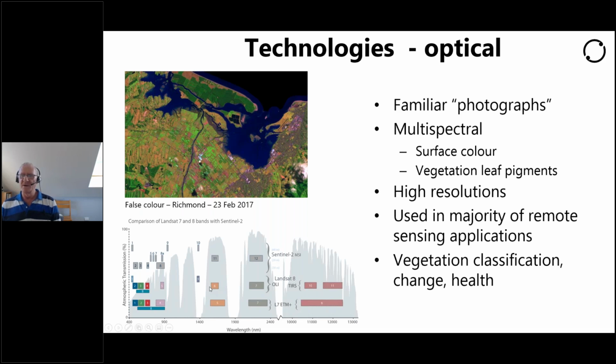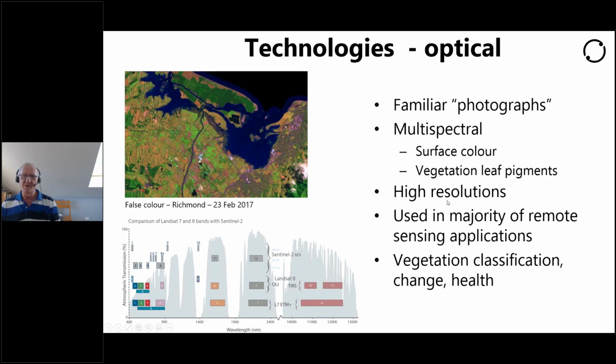So optical imagery is really a response to the surface color. We're talking about vegetation pigments if we're looking at vegetation, but also mineralization if we're talking about bare surfaces, rocks or bare ground. Gives us information about the types of rocks or bare ground from those spectral signatures.